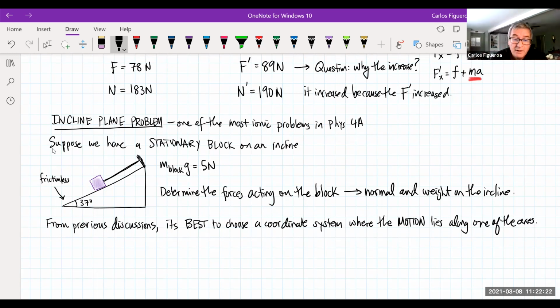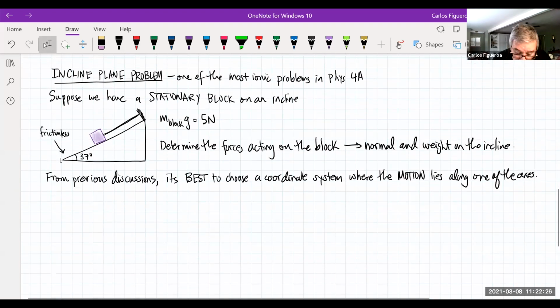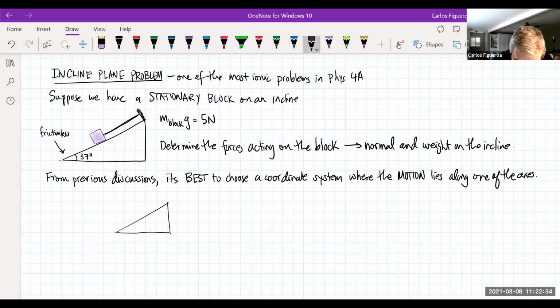When you look at the coordinate system, you could choose the standard coordinate system, right? You could choose a coordinate system that goes like this.